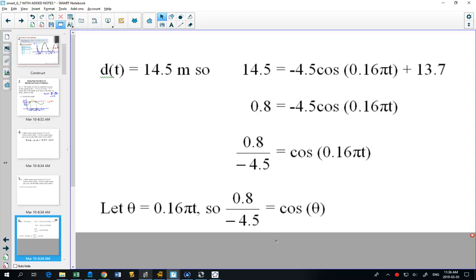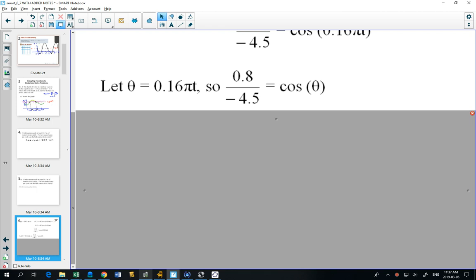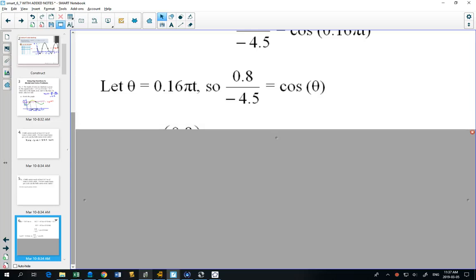Could you solve cos of theta equals 0.8 over negative 4.5? Yes, and you could use your grade 10 trig to do that. Well, grade 10 and grade 11. First of all, if you had cos theta equals 0.8 over negative 4.5, you would know from your CAST rule that it has to be in quadrants 2 and 3.